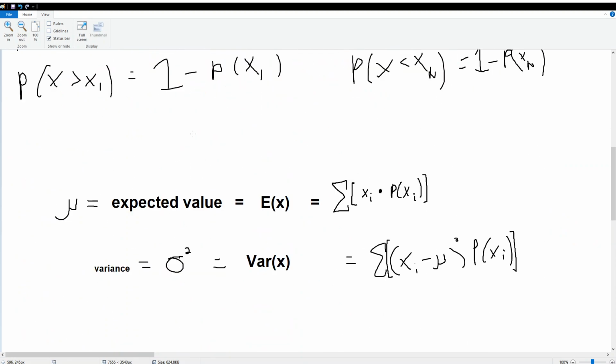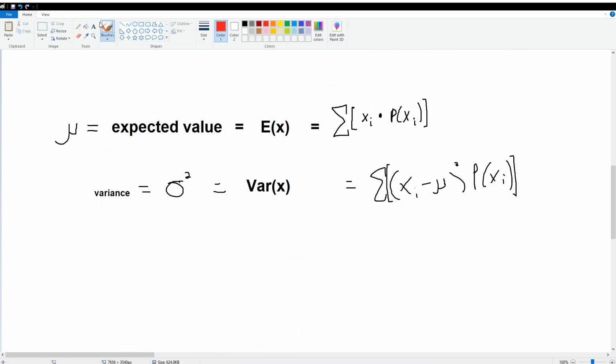We now have something called expected value and the variance. We've already talked about the variance before, but expected value is another word for the mean. We denote this by E of x, and this is equal to the sum of the products of the x values and their probabilities of occurring. The variance, we have this fun expression again.